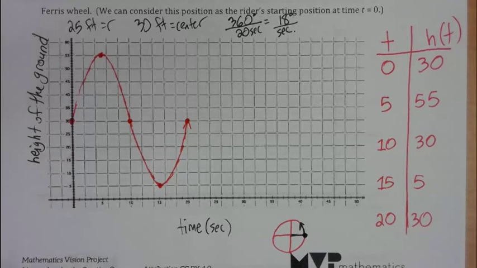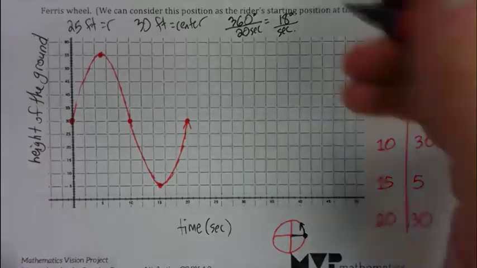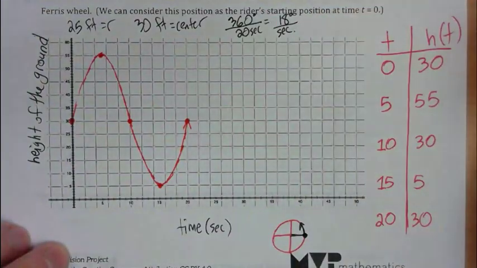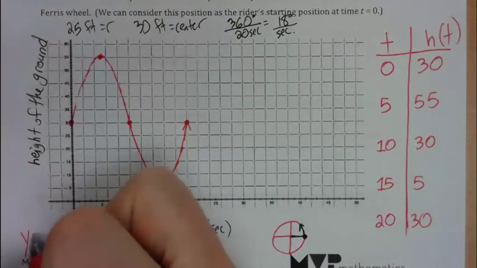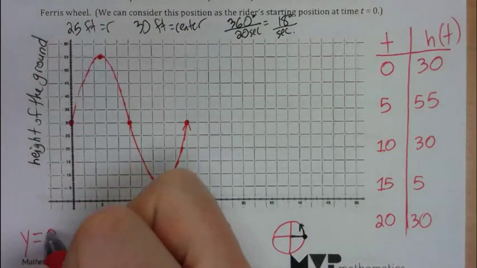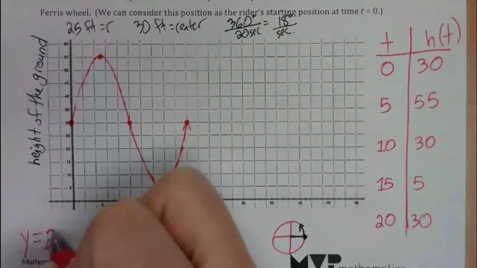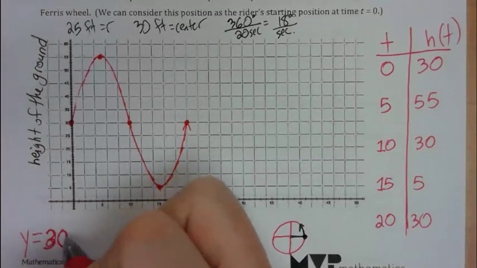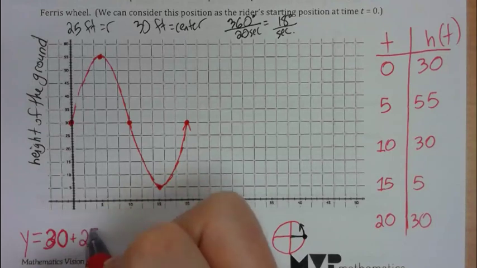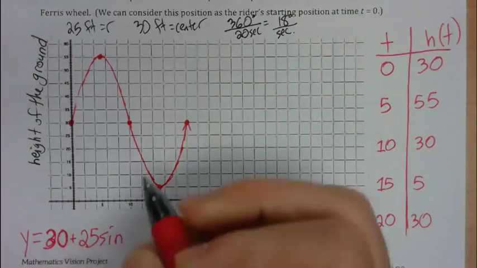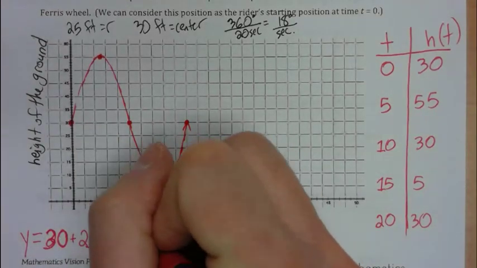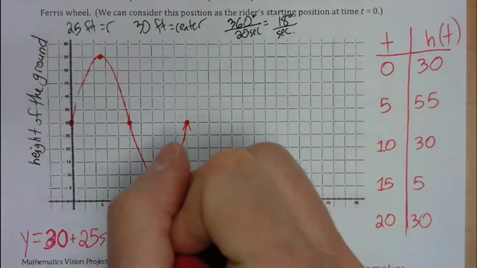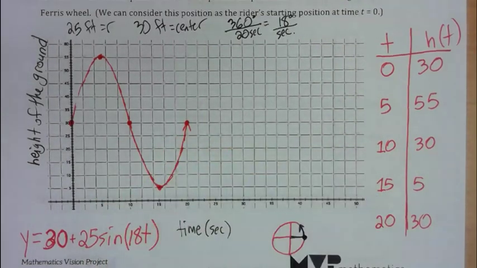And we know that the equation we came up with earlier in this unit was y equals 30 plus 25 sine of 18 degrees times the number of seconds.